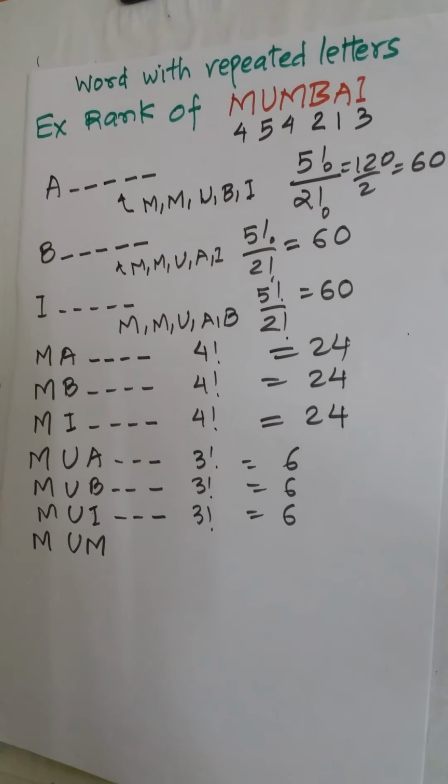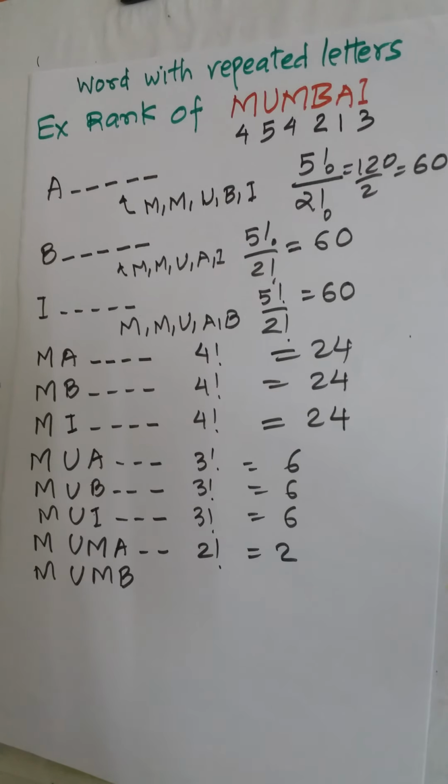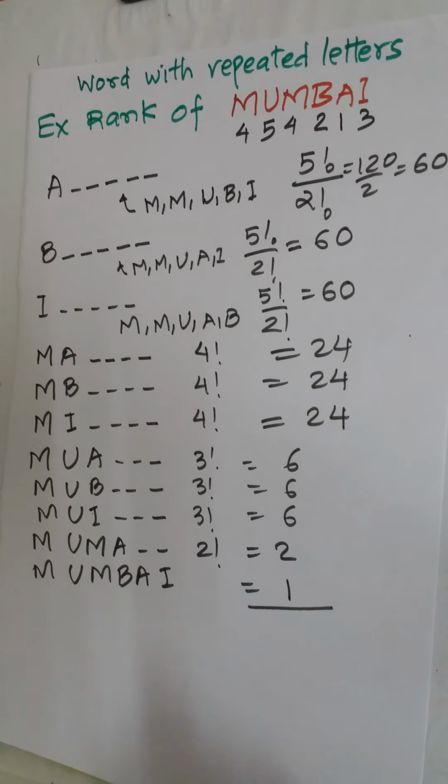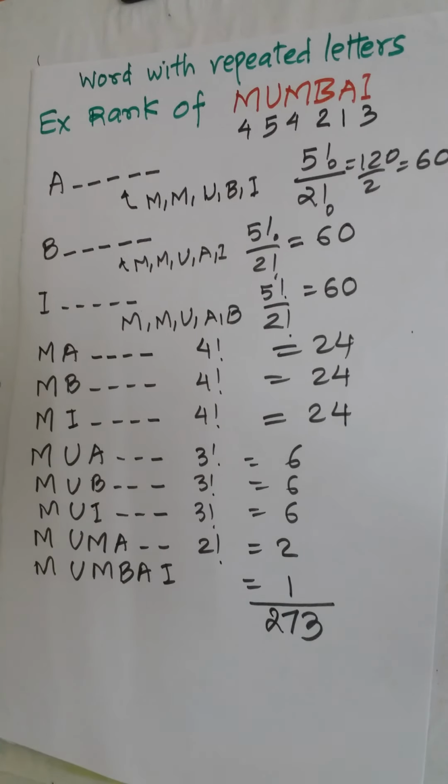After which comes MUM, and then after MUM we will have A, which is 2 factorial, after which we have B, and after B followed by, yes, A and I. So if we add all these, how much will we get? The answer is the rank of MUMBAI as 273.